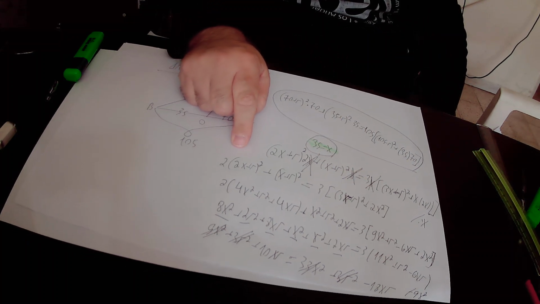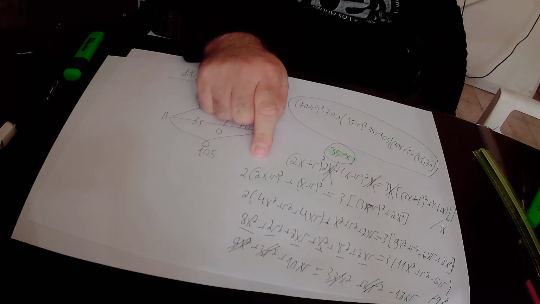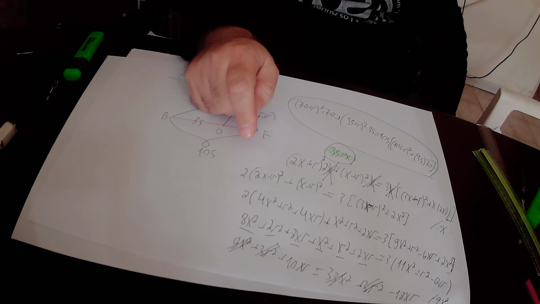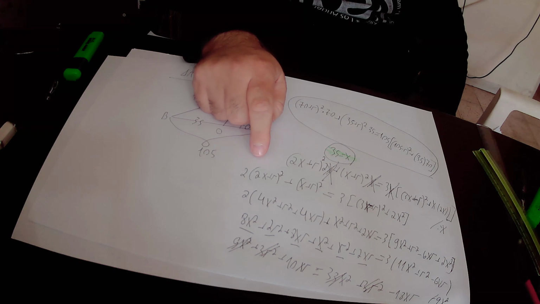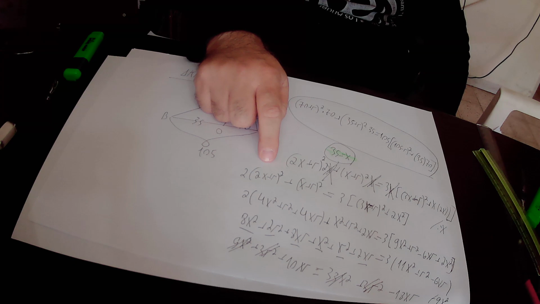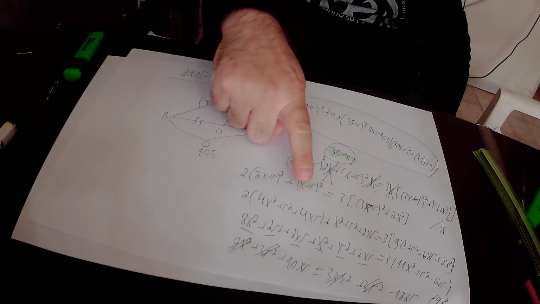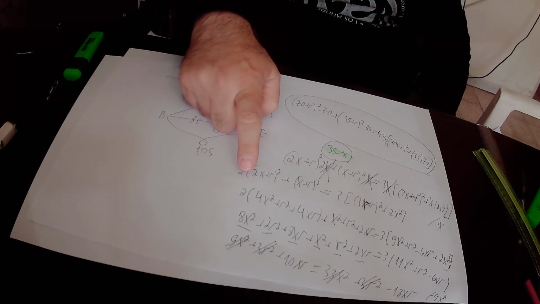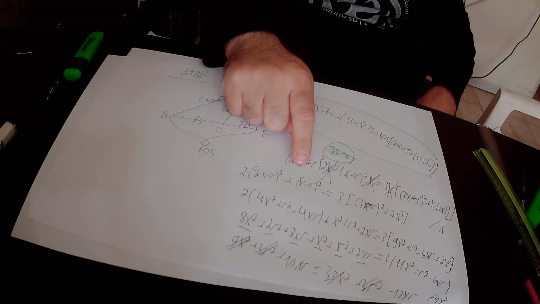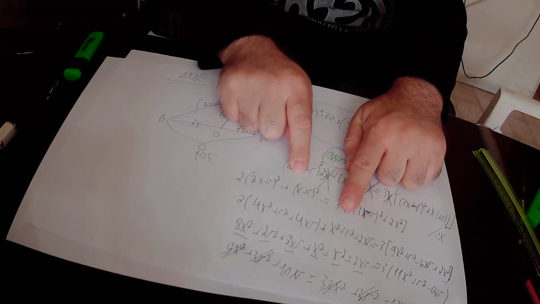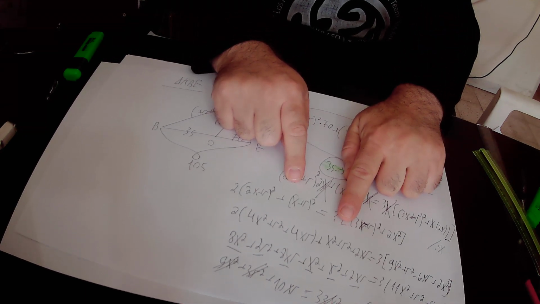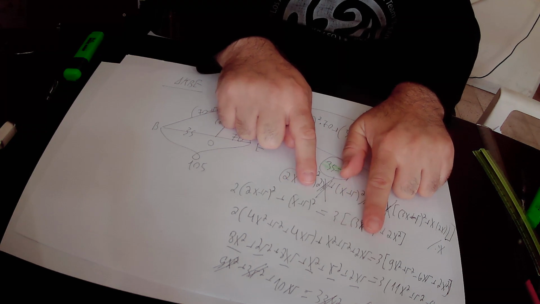Then we open the brackets here. (2x plus R) squared equals 4x squared plus R squared plus 2 times 2x times R, which is 4xR. All multiplied by 2, and here we have (x plus R) squared, which equals x squared plus R squared plus 2xR.